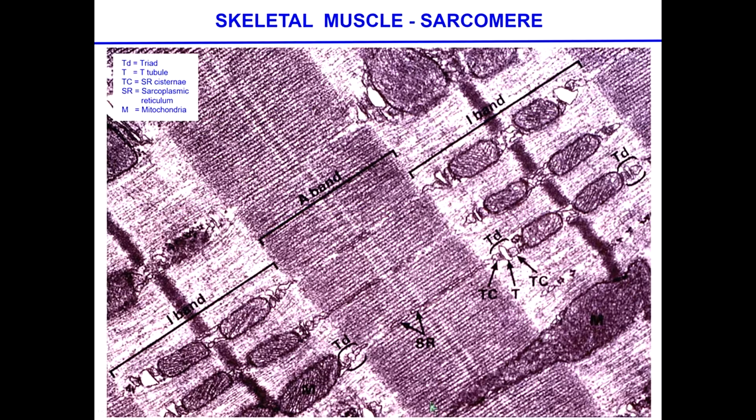Another view of the same thing. This time the emphasis is placed more on the actual tubules. This is a triad. We need to recognize what a triad is compared to the previous slide, and even compared with the ones on this side in the I band. This one is very easy to distinguish between the T-tubule and the two cisternae coming from the sarcoplasmic reticulum.